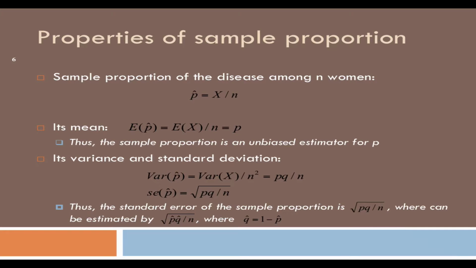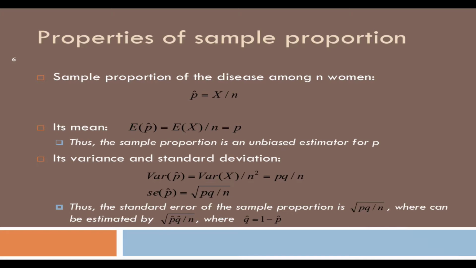P hat, remember, is x over n. That is your sample proportion, your sample estimate of the proportion. And the expectation of p hat is the expectation of x over n. N is a constant, not a random variable, so n can be taken out of the expectation. What is the expectation of x?